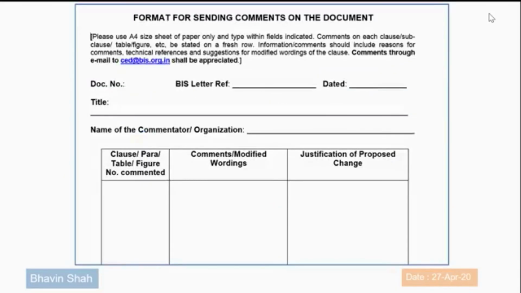Thereafter, we may send the collated discussion to the technical committee of BIS, maybe in a format wherein we can mention the different clauses, the modified comments or wordings, and the justification of the proposed change. We may consider the real time problems, work out the different clauses, and then suggest certain modifications with real facts and figures.